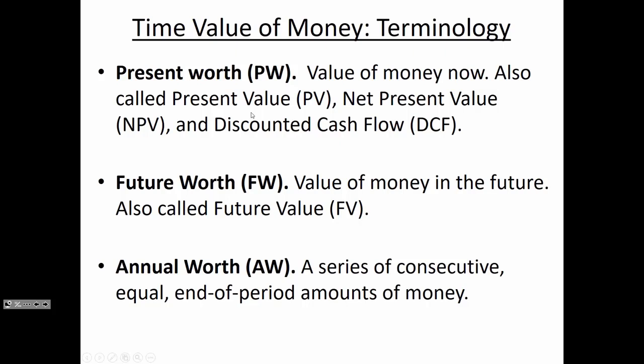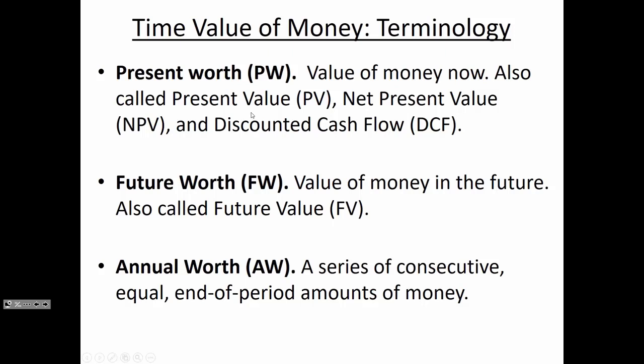If you're paying the same amount or if you're receiving the same amount, period after period, that's called an annual series or an annual worth. It's where you convert, say, the amount of money you're receiving from the bank today into how much you have to pay them every year for 30 years, or every month during a 30-year period. So we can convert back and forth between these different perspectives actually very easily.